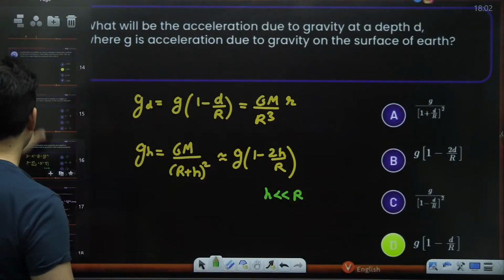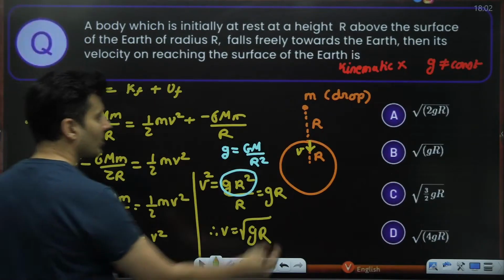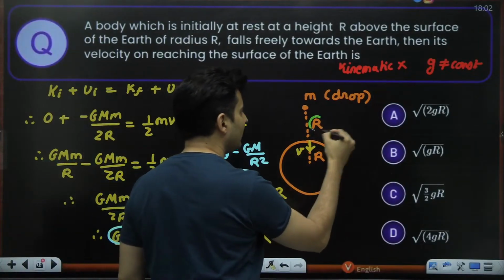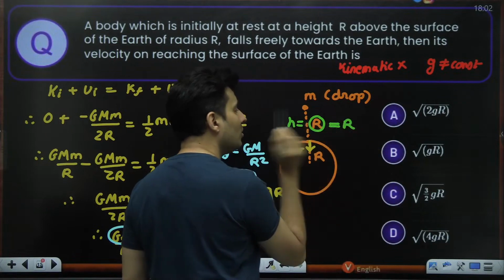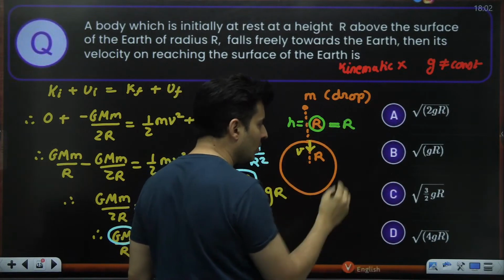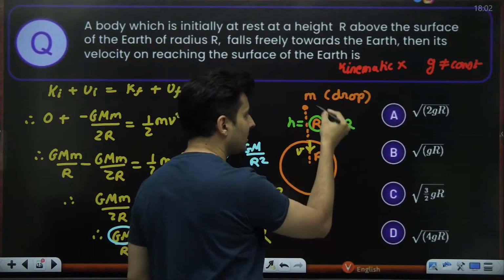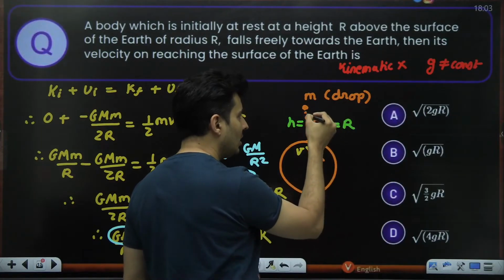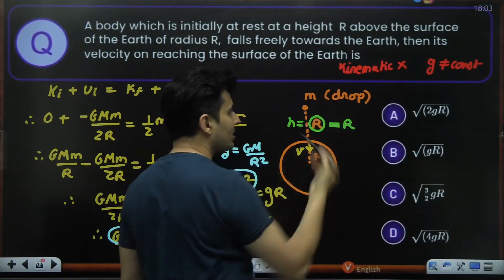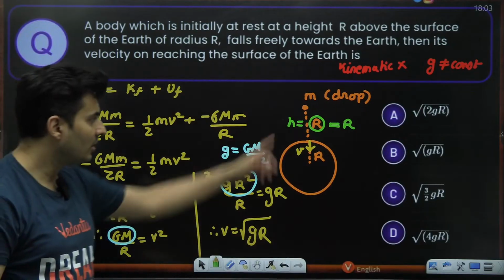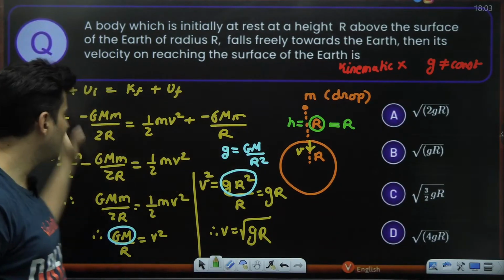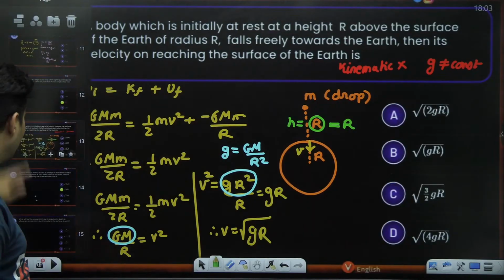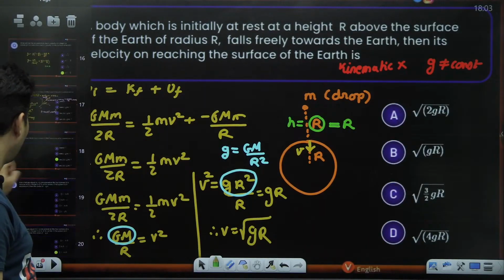Number two, over here this itself is the height, and it is equal to the radius. So how can you use the approximate formula? Number two, how is acceleration constant? Acceleration is not constant, it will change. It will be less, more, more, more. You can't use kinematic equations. So the height is comparable to the radius, so you cannot use kinematics. You have to go with the energy equation. No other option, guys.